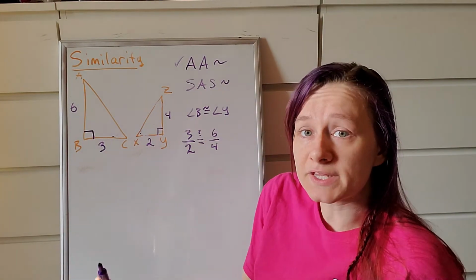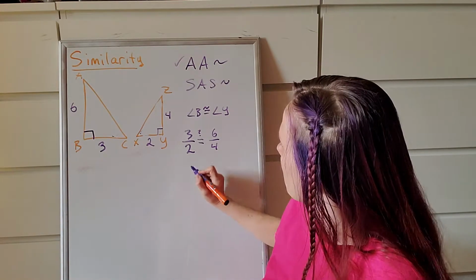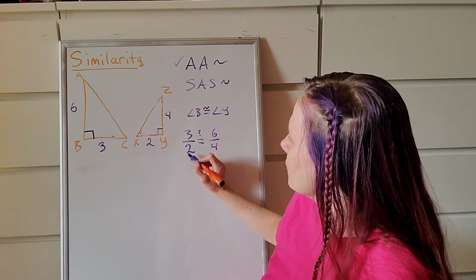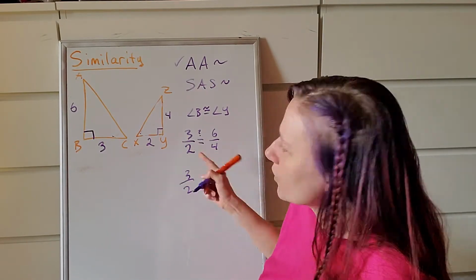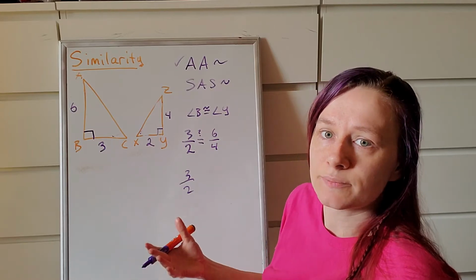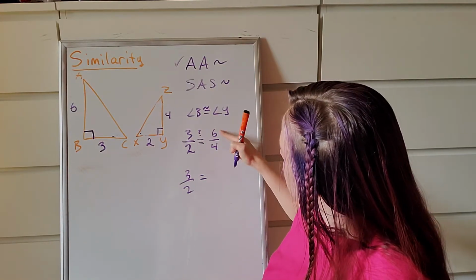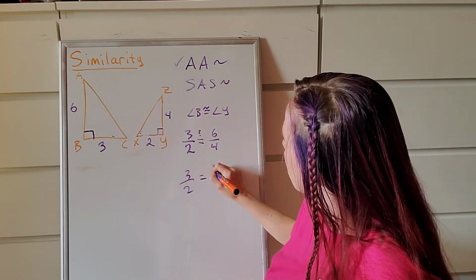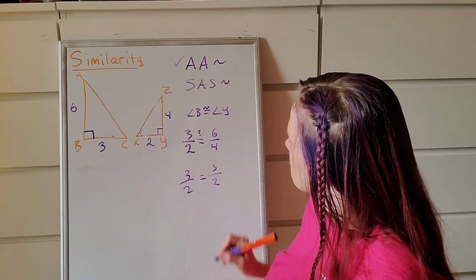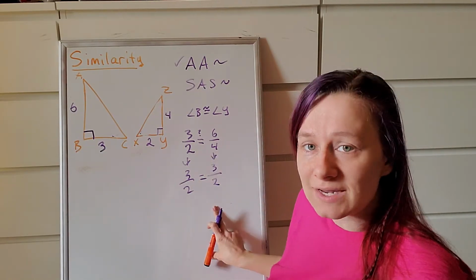And I'm proving that they're equal, so I don't know that yet already. I have to show it. So I'm going to simplify those fractions. Well, 3/2 is simplified. They're both prime numbers, so I'm not going to get any simpler than that. But 6 and 4 are both divisible by 2. So half of 6 is 3, half of 4 is 2. Which is in fact equal.